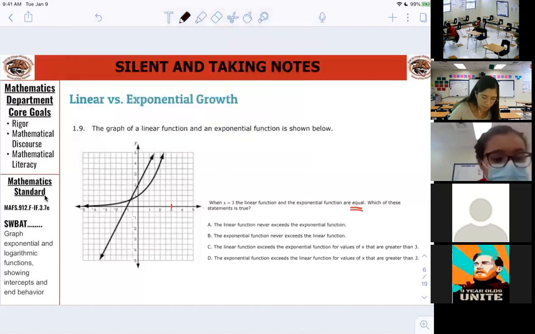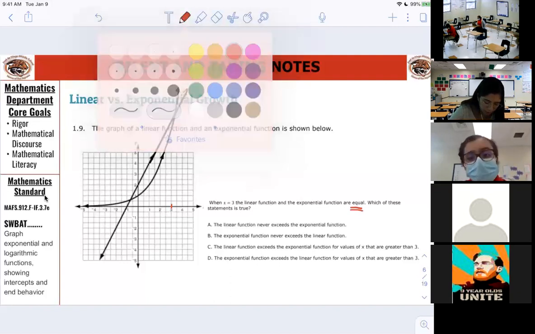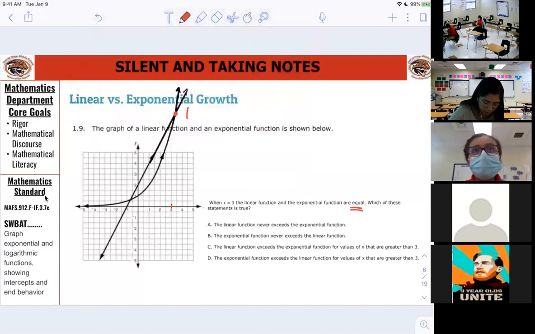So basically, if I just extended this a little bit for both of them, they would cross somewhere over here, at some point at x equals a number. They would cross at 3 comma n, because we don't know where that happens, but somewhere they cross again. So they cross twice.